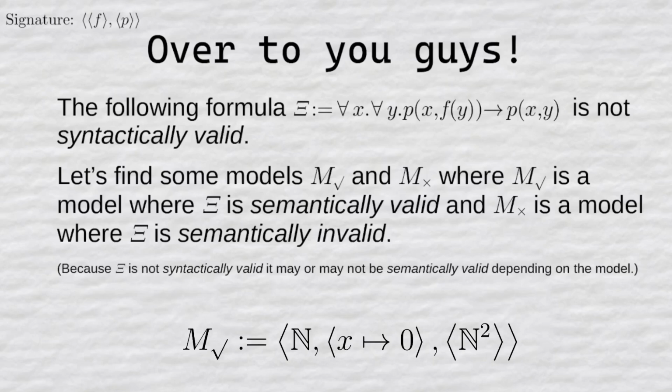Valid, natural numbers, 0, true. Okay, yeah, that would work. You're saying that P of x and y is always true? Yeah, okay. Then yeah, that would totally be valid. So a function that does whatever, for example, setting it to 0, and then whatever x and y are, P of x, y is true.